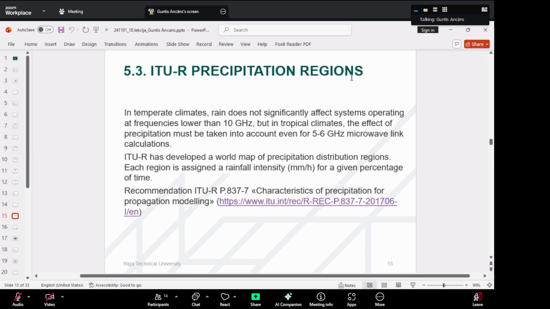ITU has developed a world map of precipitation distribution regions. Each region is assigned a rainfall intensity in millimeters per hour for a given percentage of time.